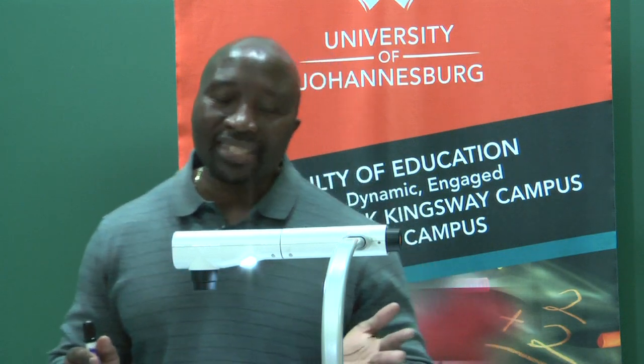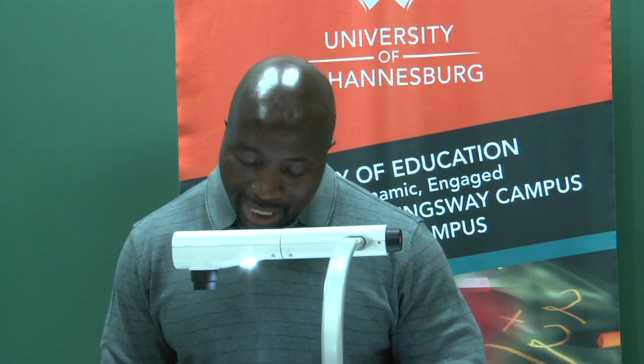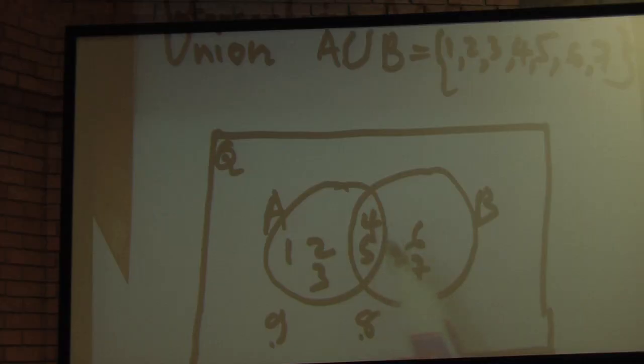Several questions can be asked from the Venn diagram. In other words, a Venn diagram is a diagrammatic representation of sets. Now, the questions that might be asked would be, how many elements are in the intersection of A and B? Without knowing where A and B is as a set, we can look at the diagrammatic representation and we can see the intersection here and be able to answer that there are 2 elements in the intersection of A and B. But the question was how many elements are in the intersection, and these are 2.